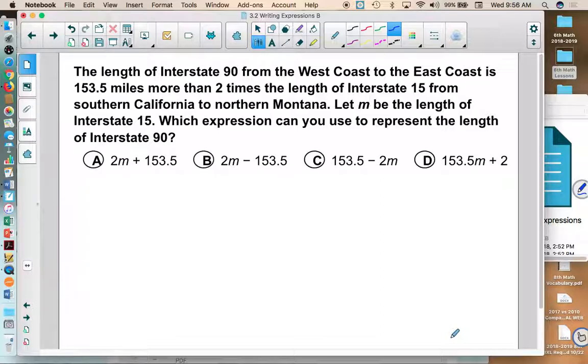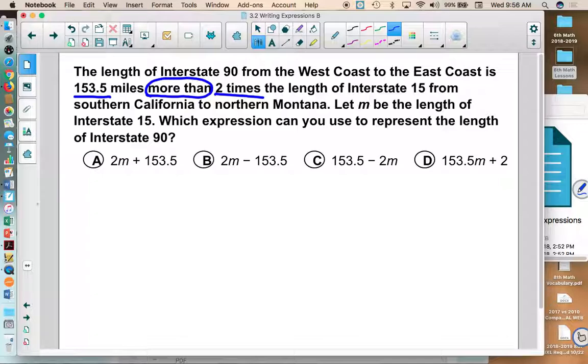Is the 90 here important? No, it's just a highway number. The length of Interstate 90 is 153 miles. This is pretty important right there. More than 2 times the length of Interstate 15.